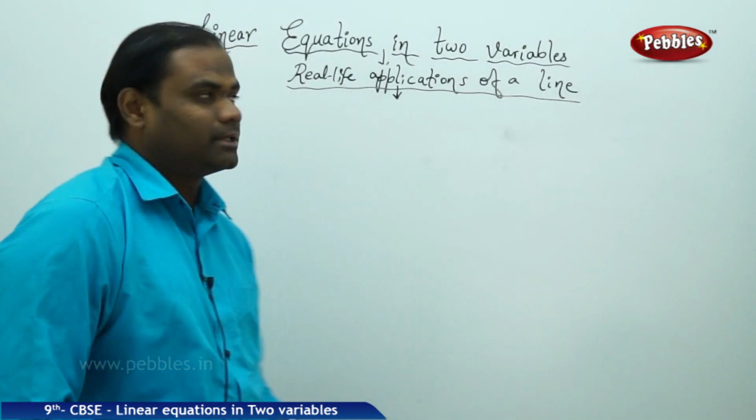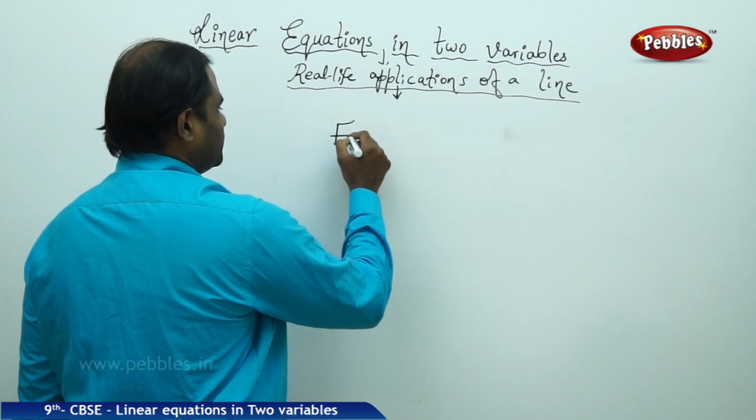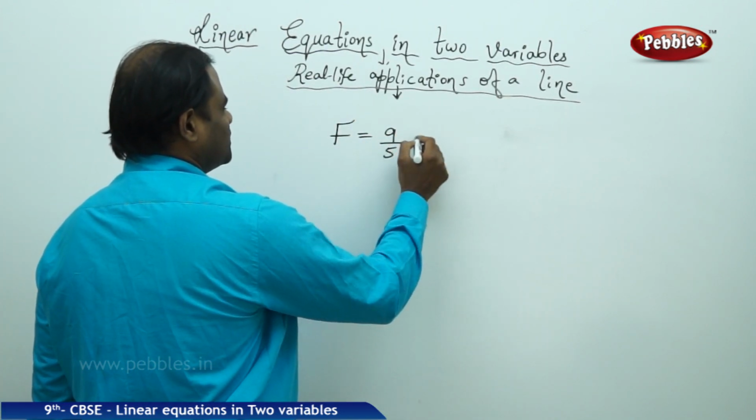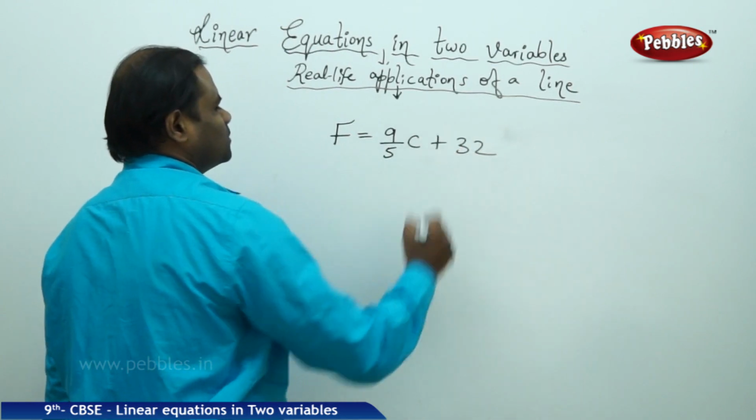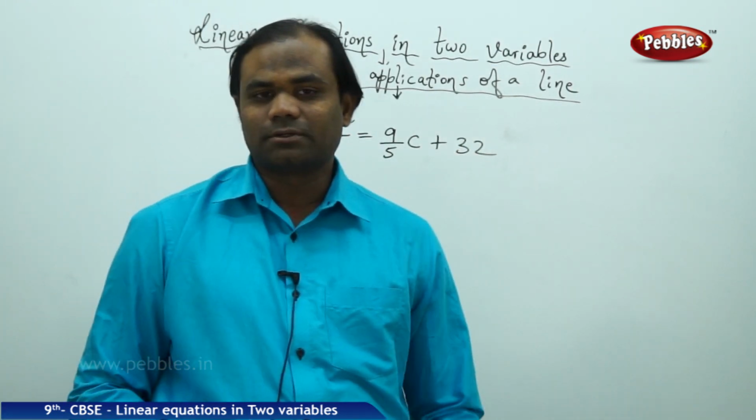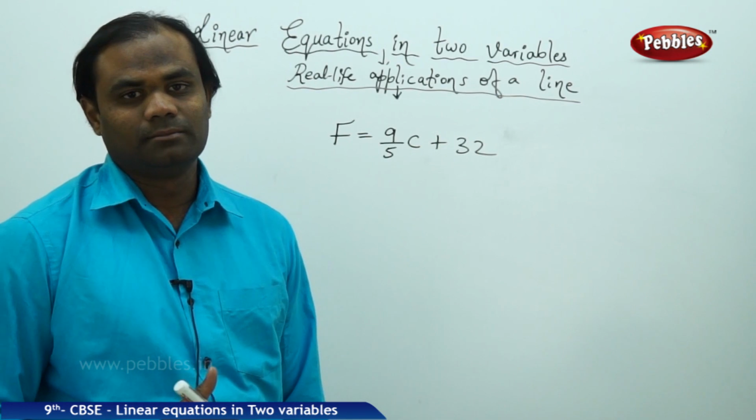Let's reconsider the example problem F equals 9/5 C plus 32, the temperature conversion formula in its linear form.